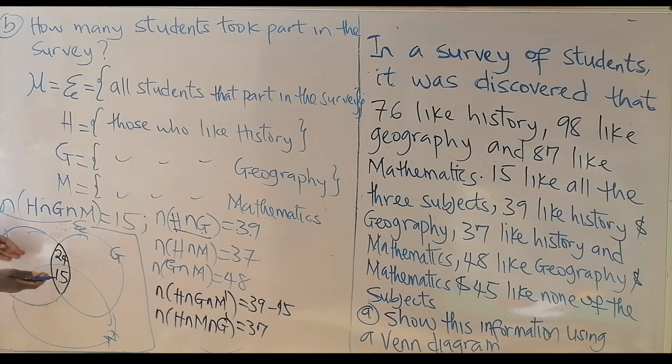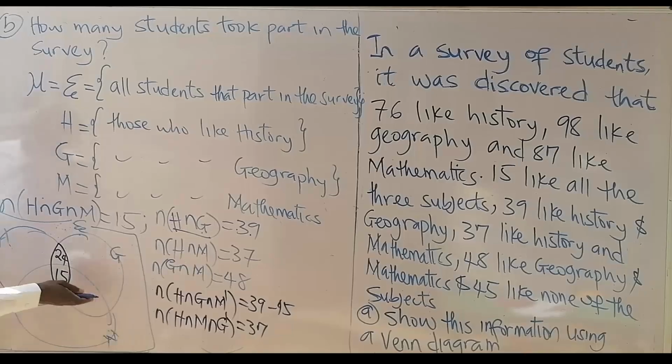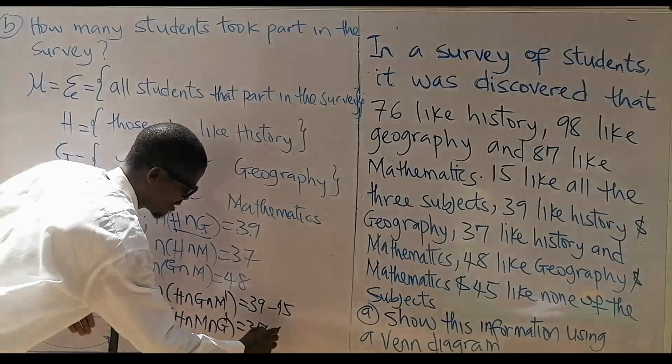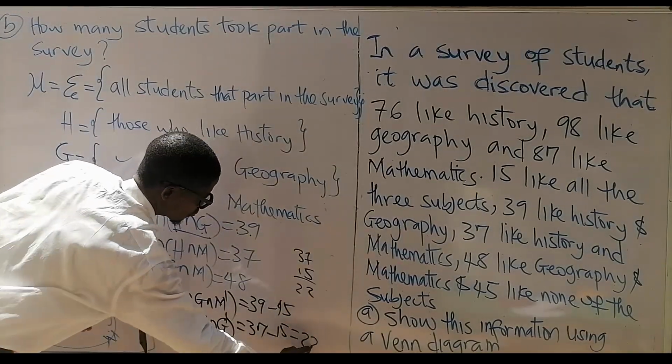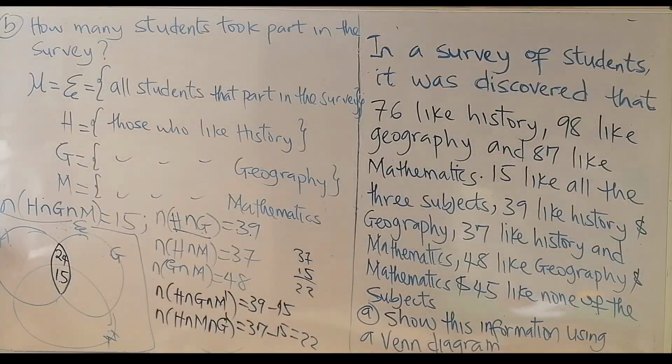This 15 is among those that take history and mathematics. So take this 15 away from 37. That's 22. So that is history and mathematics only.